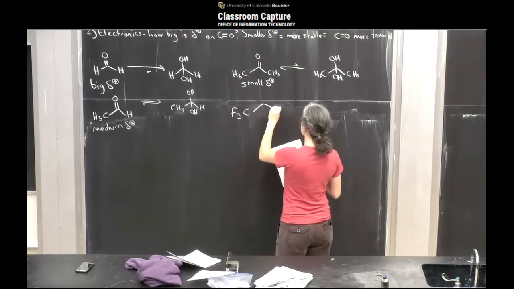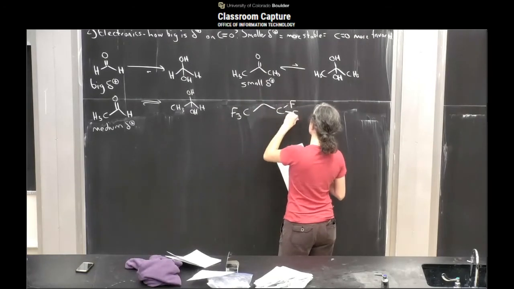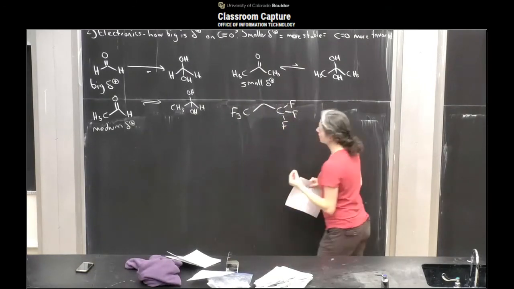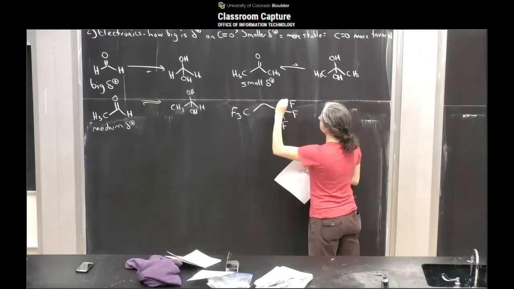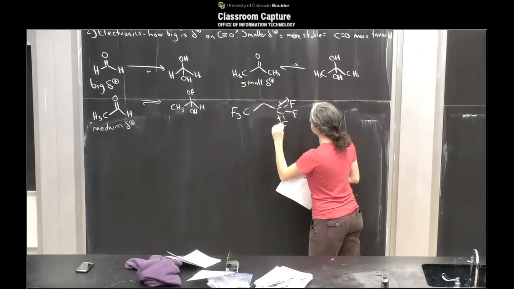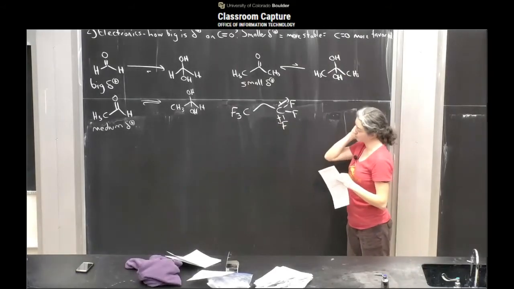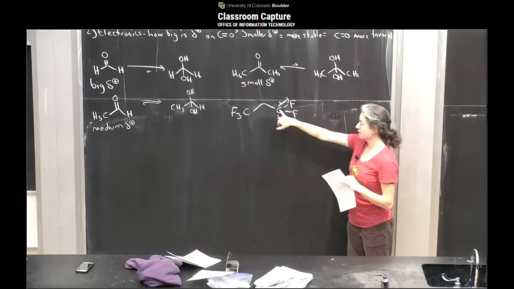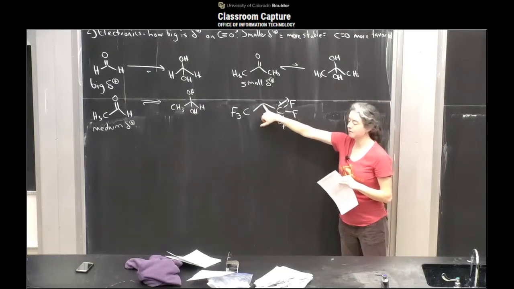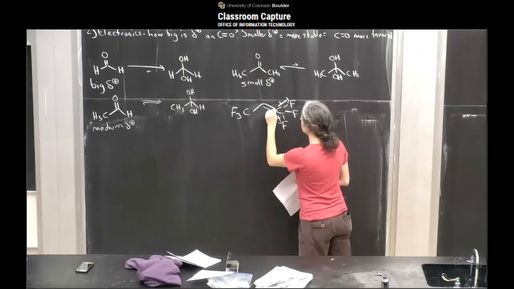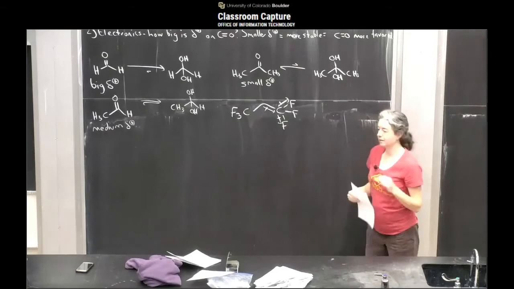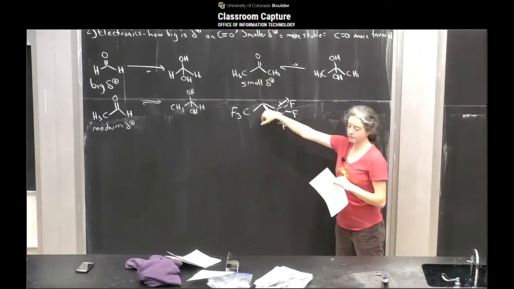If you remember, the inductive effect is pulling electron density out towards all three of the fluorines, away from the carbon, which means that instead of helping to stabilize a delta positive here, it is actually wreaking havoc on its stability by putting even more delta positive on this carbon.